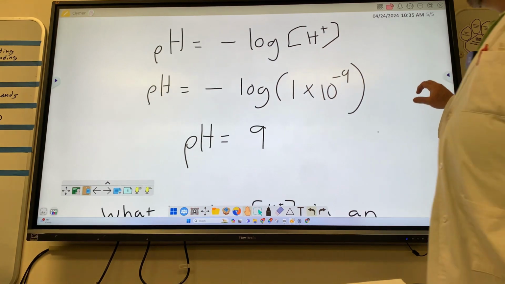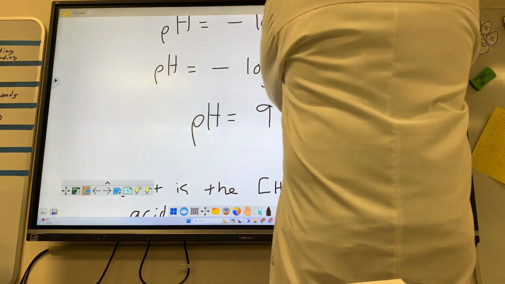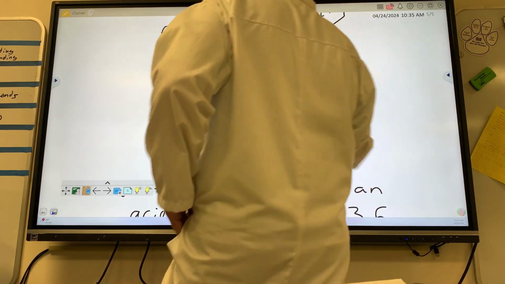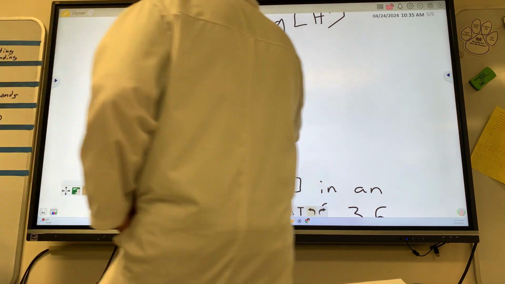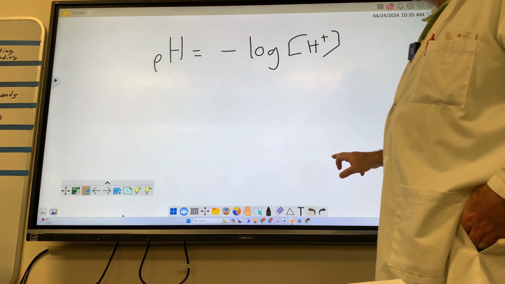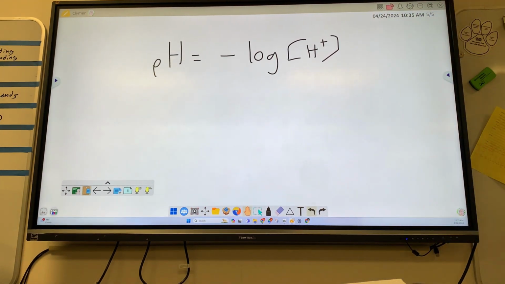This giant awful thing here that many of you will not understand or even recognize is the formula for pH. Now again, this looks awful, and I get that. But this is the formula for how to find pH.